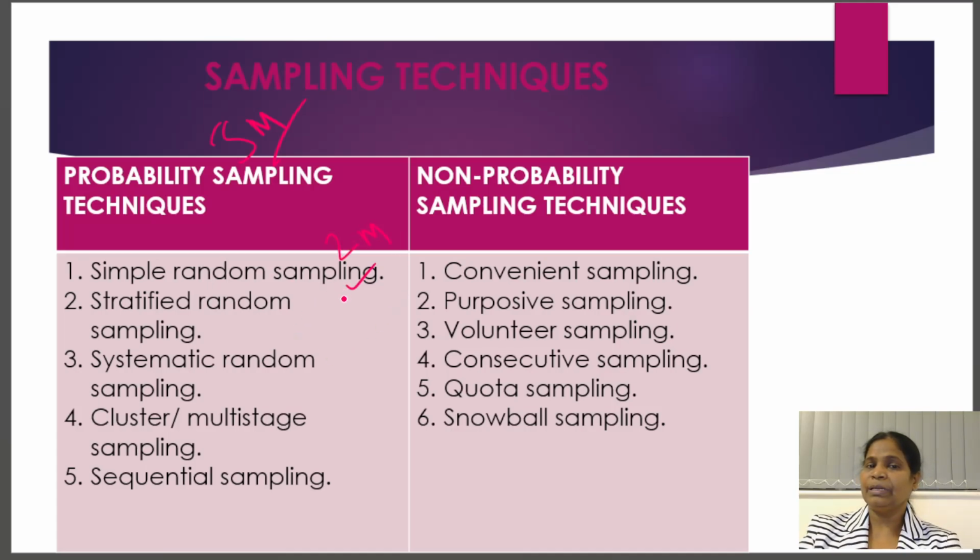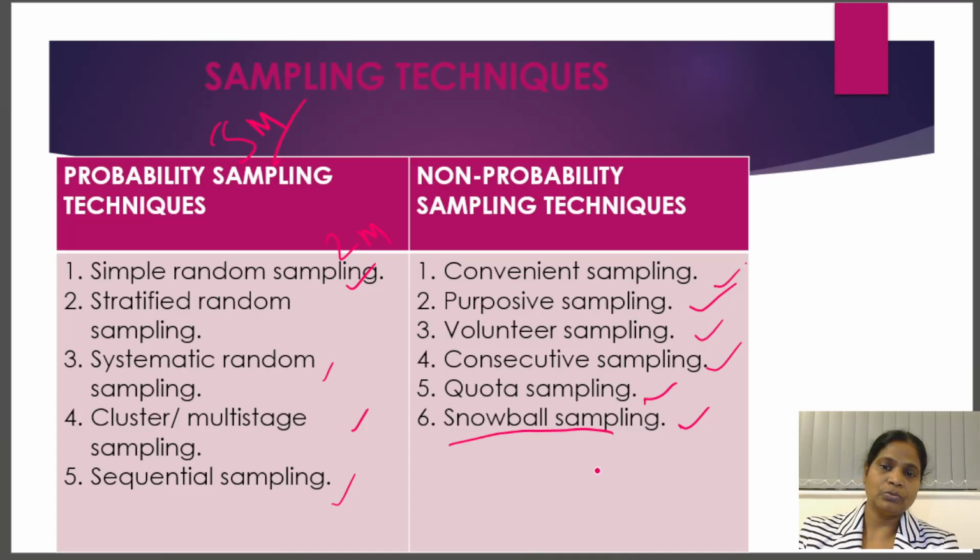Stratified random sampling, systematic random sampling, cluster or multi-stage sampling technique, sequential sampling technique. These come under probability sampling techniques. Next, non-probability sampling techniques: convenient sampling, purposive, volunteer, consecutive, quota sampling and snowball sampling. Snowball sampling is asked as a 5 marks question and also a 2 marks question.